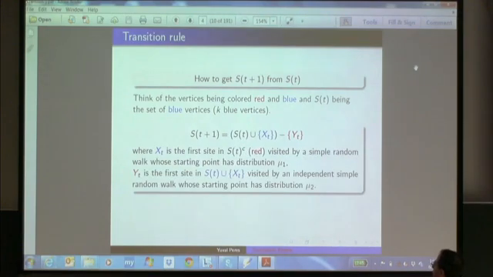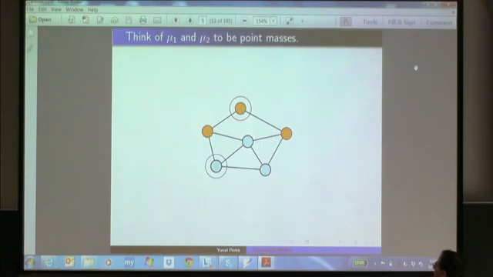Okay, so let me show this in a picture. Here is a very small graph with two sources. Here is the blue source marked here, the red source is marked here, and initially we have three light blue vertices, three light red or orange vertices. Now a blue particle emerges from the blue source and walks until it reaches a red vertex, and it turns it blue.